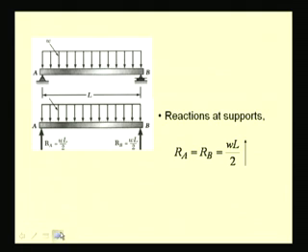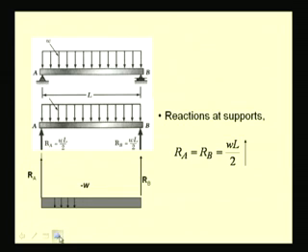Once we have determined this reaction, let us construct what we call the load curve, where we depict all the loads, both the applied load as well as the reactions, in the diagram.